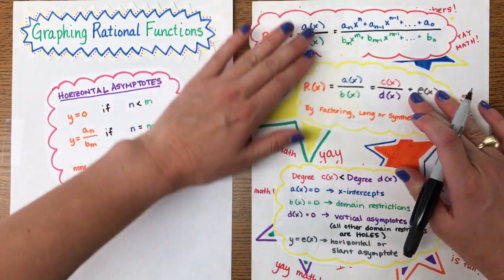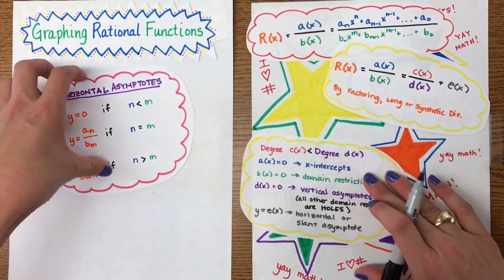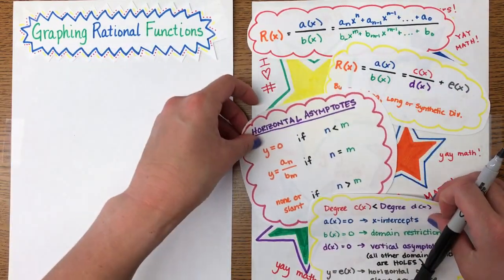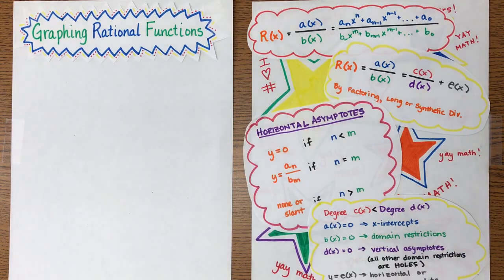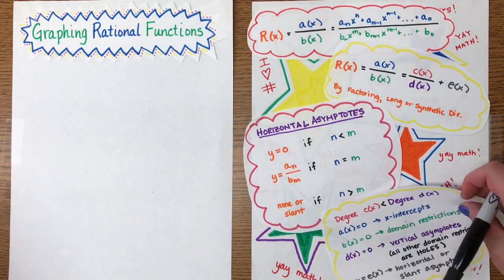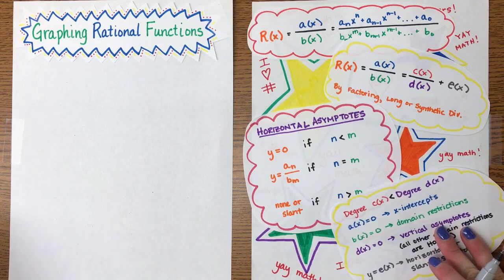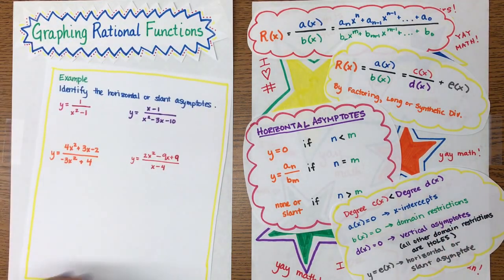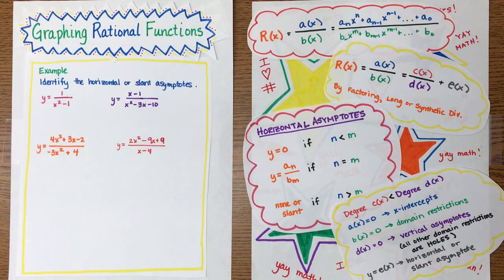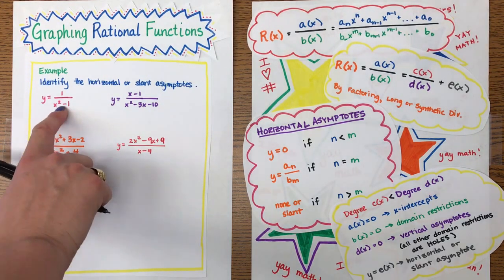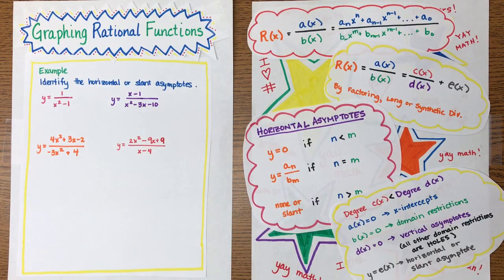So using this information, we are going to identify the horizontal or slant asymptotes of a couple of graphs. If I look at this first graph, I have 1 over x squared minus 1.